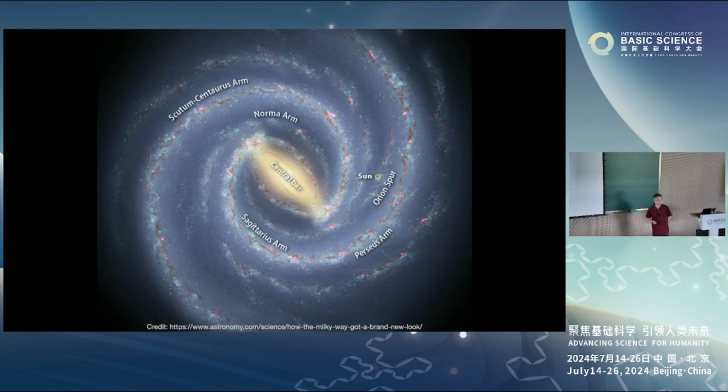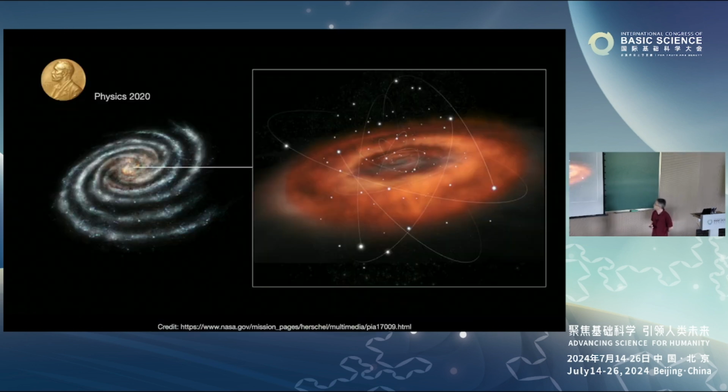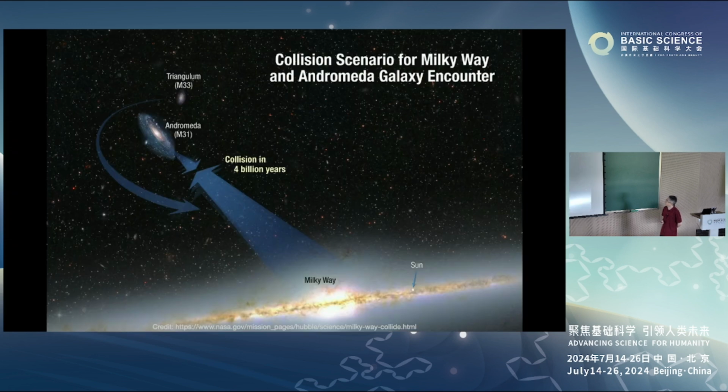So now we know there are a lot of galaxies in our universe. This is our Milky Way galaxy. And we know in the center of the Milky Way galaxy, there's a supermassive black hole with a mass of around 1 million solar masses. On the other hand, because there's strong gravity between different galaxies, the galaxies will collide with each other.